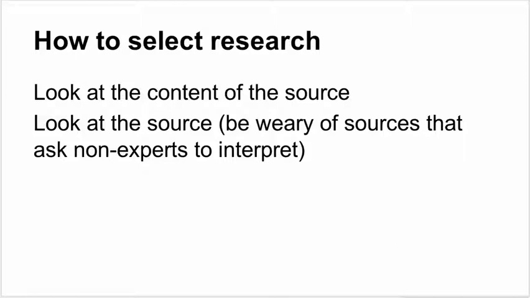Is the content trying to imply causation that's not there? Is the methodology sound? And then look at the source and be very wary of sources that ask non-experts to interpret. So any sources that are blogs written by laypersons or newspaper articles written by a reporter who's not specifically versed in this topic, be really wary of how they interpret the research.